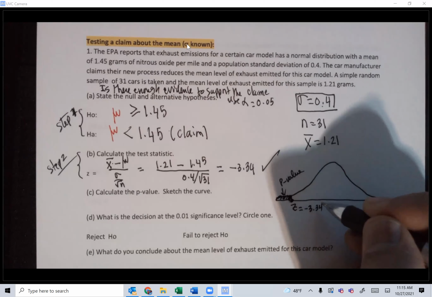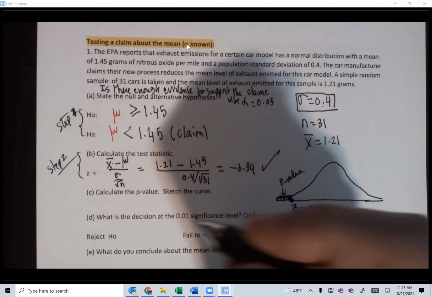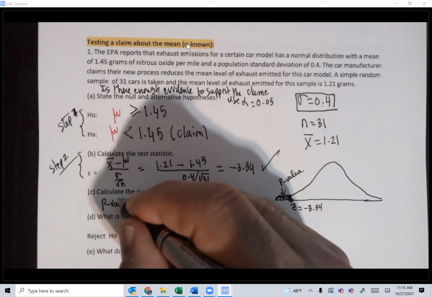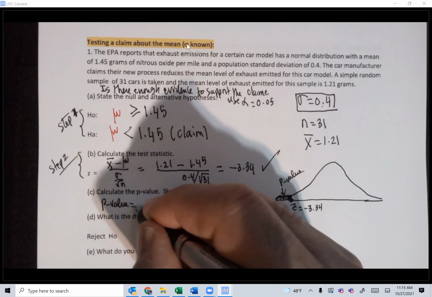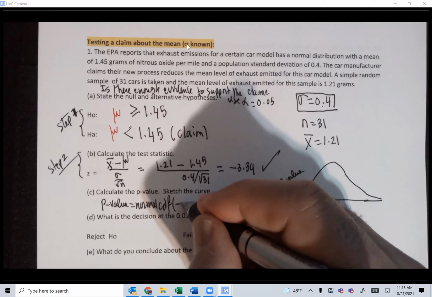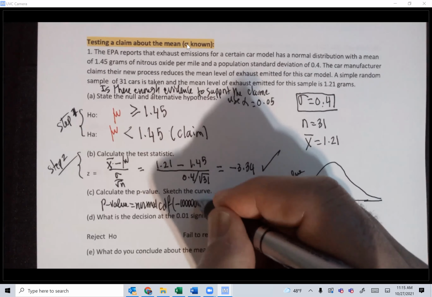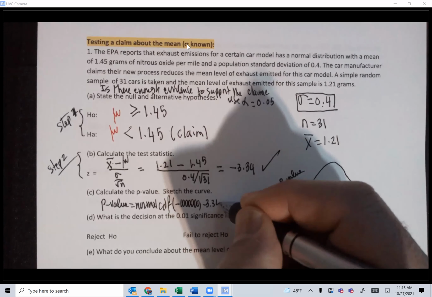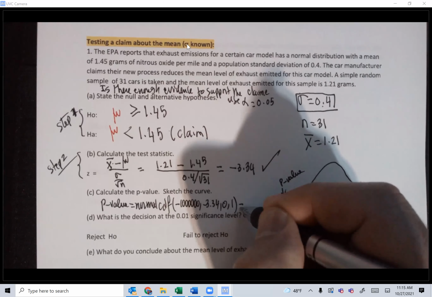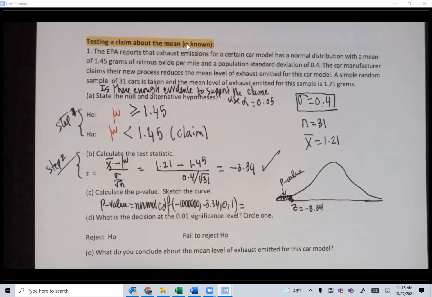How do you do it using normal CDF, guys? So it will be normal CDF. That's why chapter 5 is very important. Negative 1 million, negative 3.34. It's going to be very small. So probably you're going to reject H0. Let's do it.